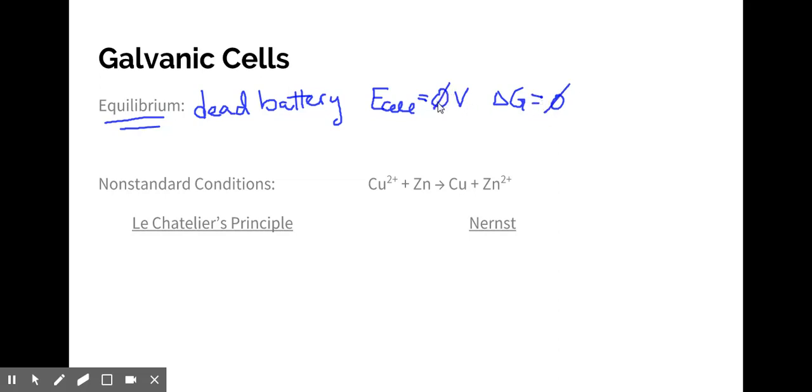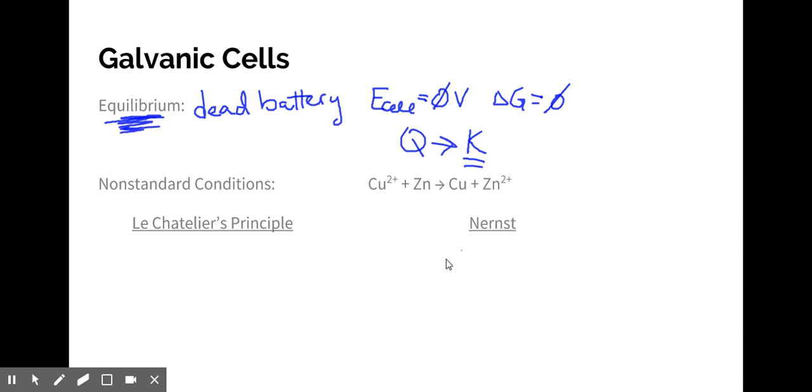And if we are working with the Nernst equation, and we're going to explain that in just a minute, where we're dealing with Q, Q now turns into K. Okay, so Q stands for reaction quotient, which is for things that are not at equilibrium yet. K stands for equilibrium constant. That means I'm in equilibrium now. Okay, so dead batteries reach equilibrium, E cell 0, delta G 0, and my Q turns into K.